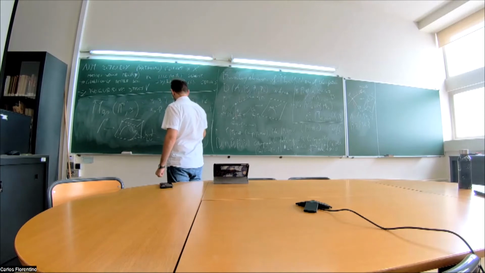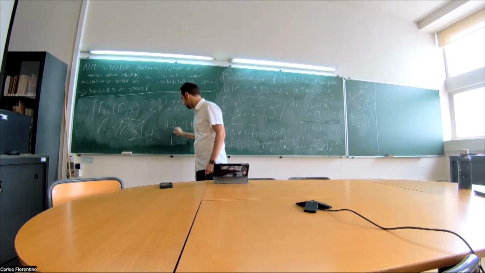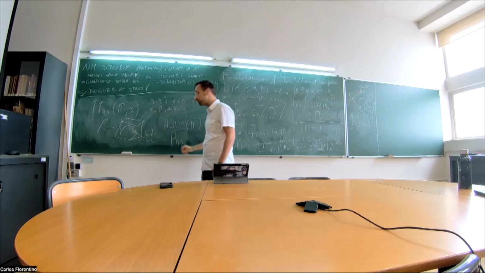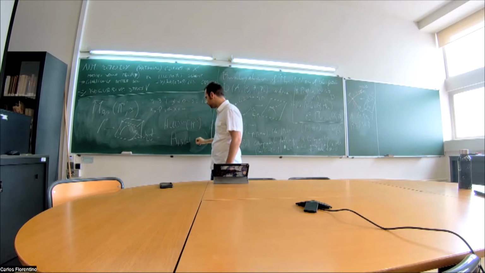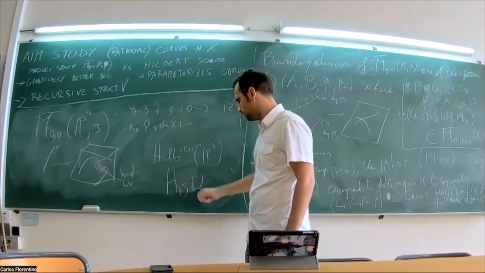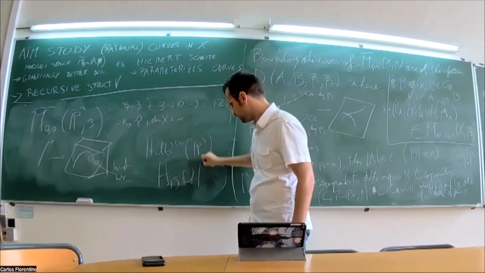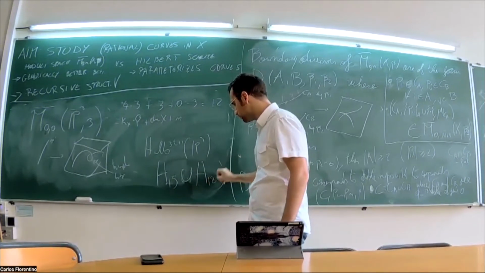It's with Hilbert polynomial 3t plus 1. And there are two components. One is of dimension 15, and the other one, which is not disjoint, has dimension 12.